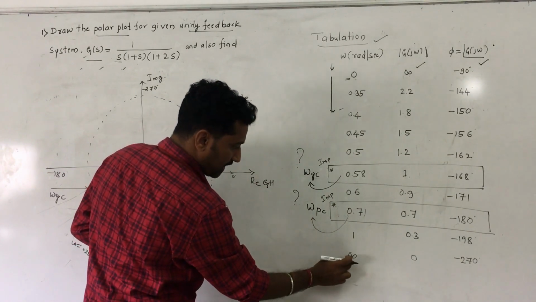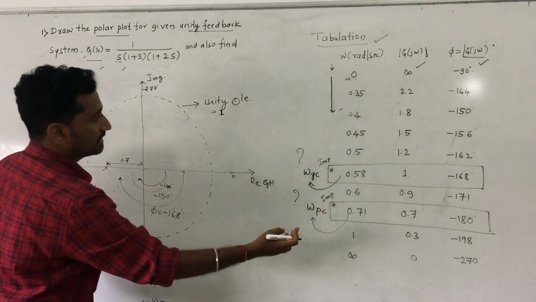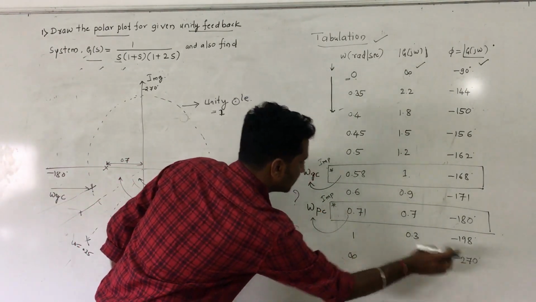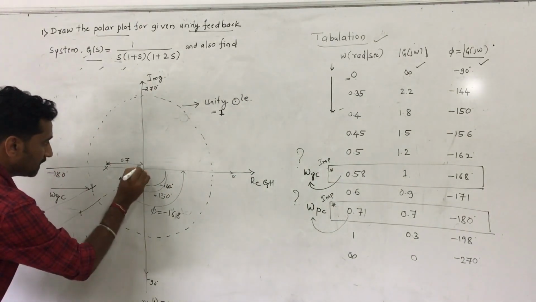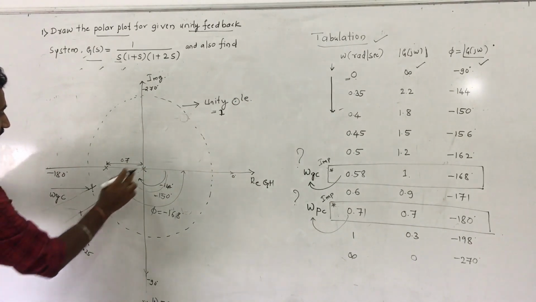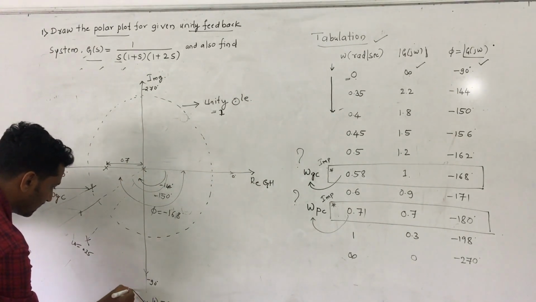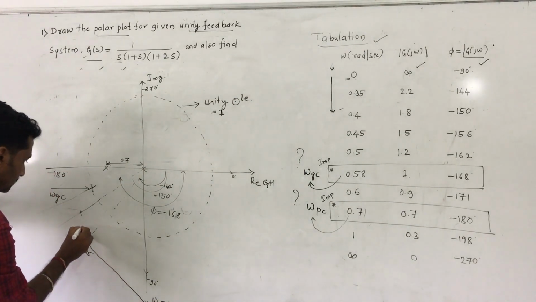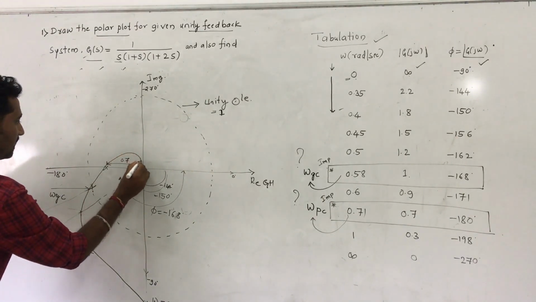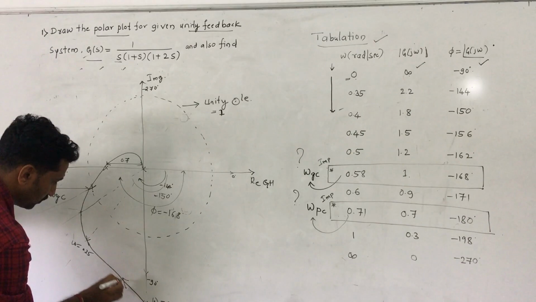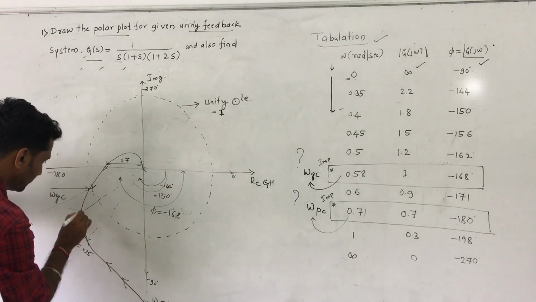If I increase omega to infinity, the magnitude is 0 and the angle is minus 270. Minus 270 is here, so the end point of the polar plot will be here. It will start like this and terminate in this way. I should show with an arrow mark how exactly it is moving.